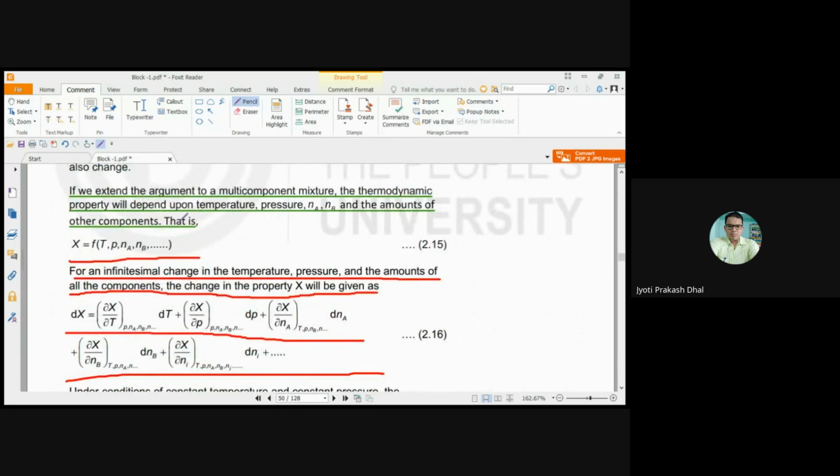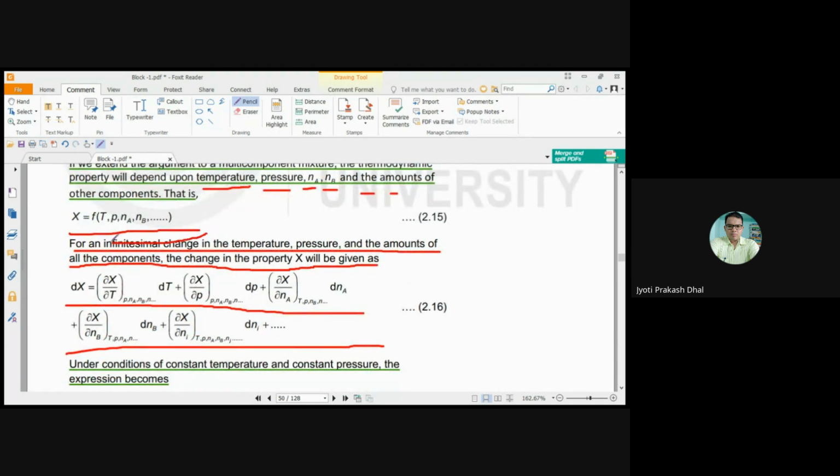Now, if we extend this argument to a multi-component system, that means the system will contain N_A moles of A, N_B moles of B, N_C moles of C, N_D moles of D, and so on, the thermodynamic property will depend upon temperature, pressure, then number of moles of A, number of moles of B, number of moles of C, and so on.